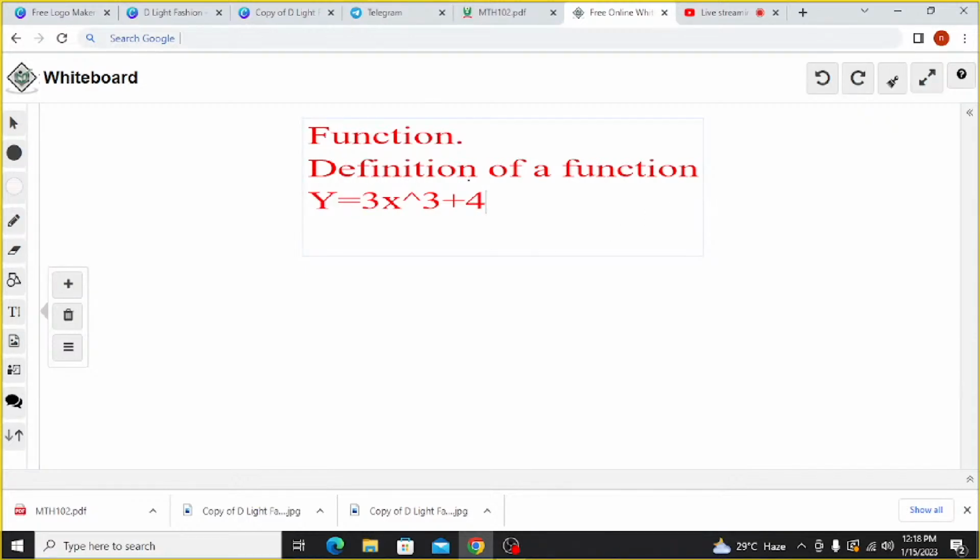Now this y is our dependent variable. The x values are our independent variable, because y depends on these values. So without these values, y cannot be determined. All these values we call independent variable, and this y is the dependent variable.